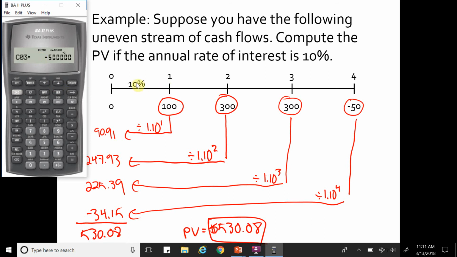And so because we do that, this is considered our third distinct cash flow that has no pattern to it. Then F03 you see is set to 1, which is exactly what we want, because this negative $50 cash flow happens only once.